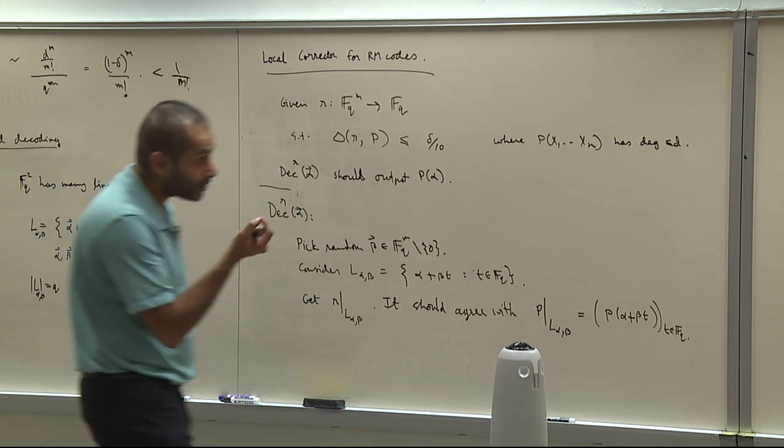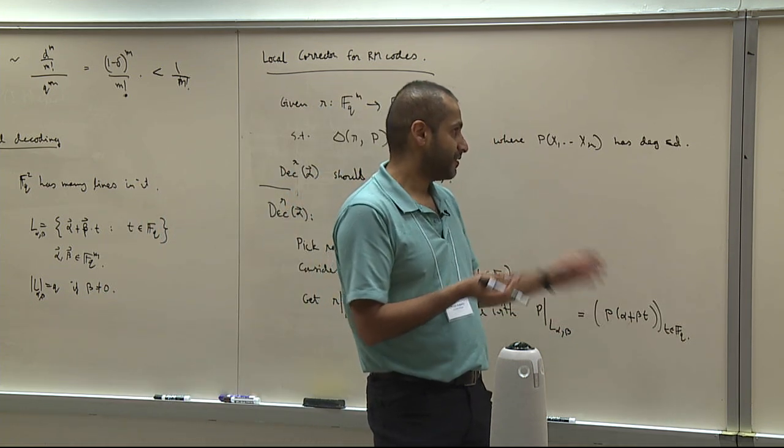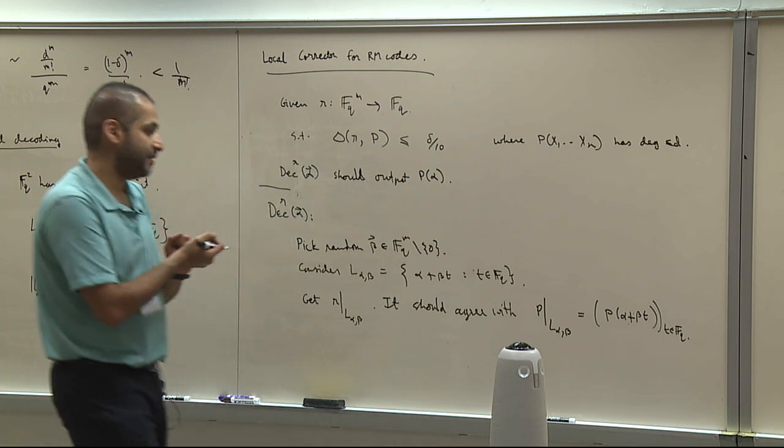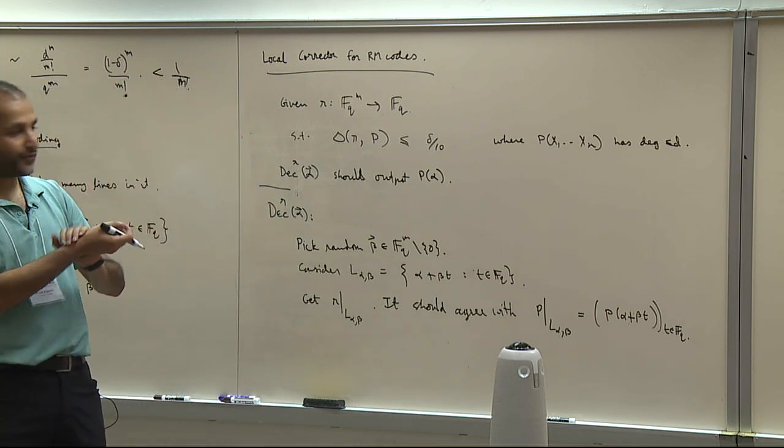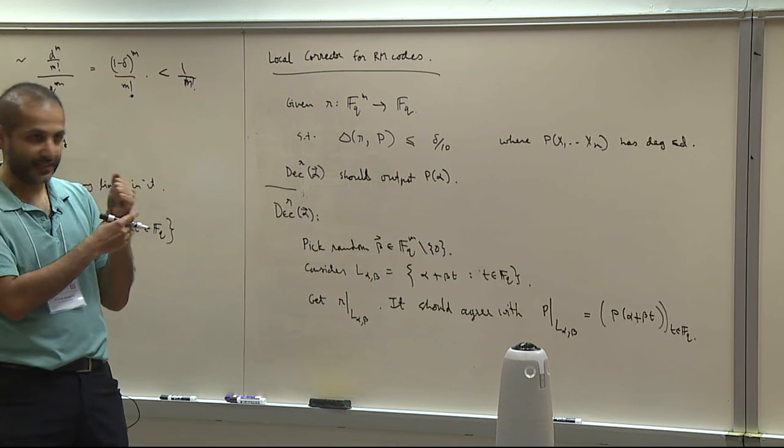And this is where the total degree makes a difference, because when you take a polynomial of total degree d, even if you substitute in an affine linear form, no monomial that you get after the multiplications will be of degree greater than d.